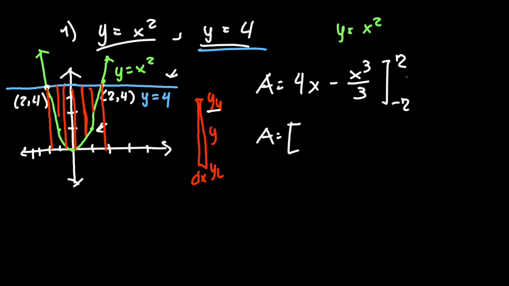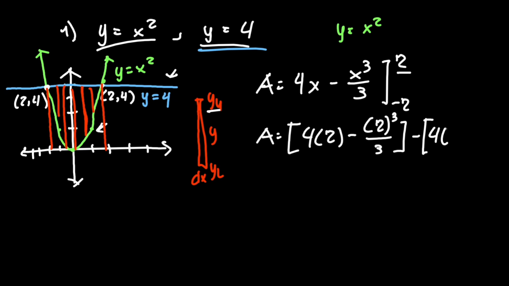And so, substitute this first into all x values. So this would be 4 multiplied by 2 minus 2 cubed over 3, minus, and substitute this lower limit next, 4 multiplied by negative 2 minus negative 2 cubed over 3.